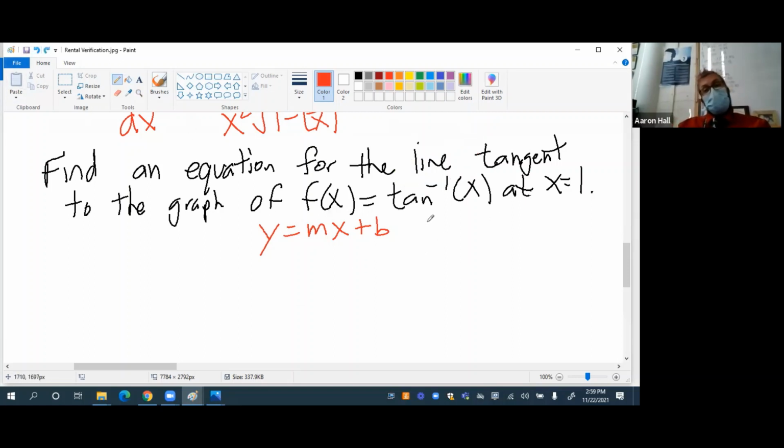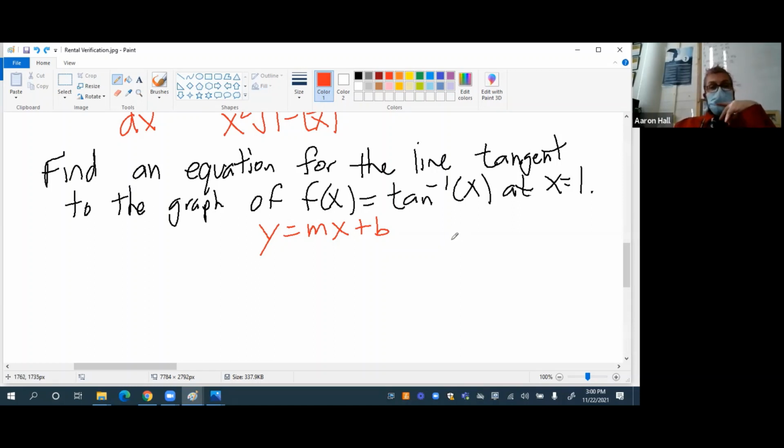What am I missing? What do I need? I need my M and my B, right? Once I have an M and a B, that gives you all of your infinite solutions. That would make our line.